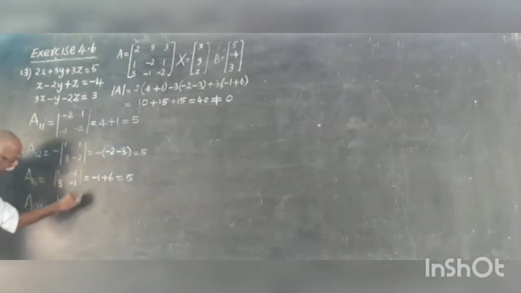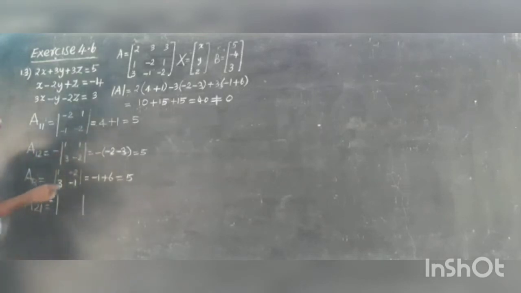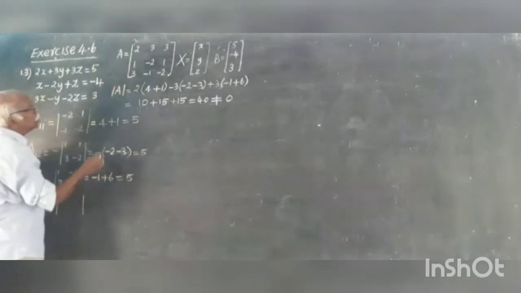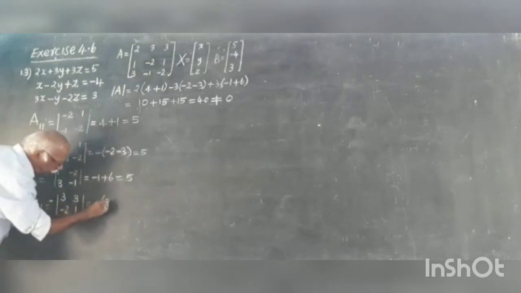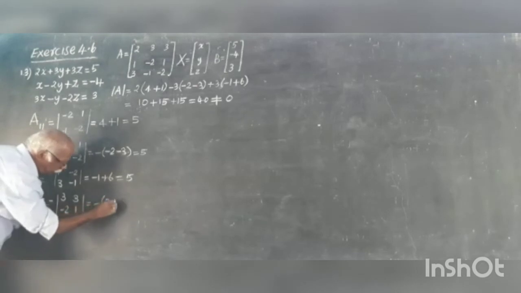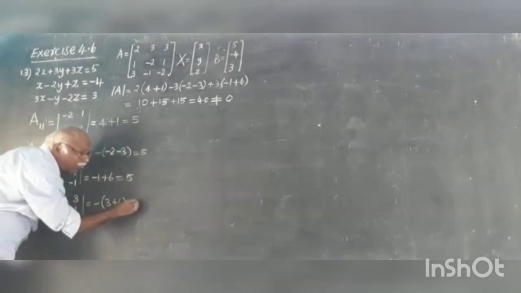A21 is minus of 3, 3, minus 2, 1. 3 minus 3 into 1, 3 minus 6 plus 6 is equal to minus 9.